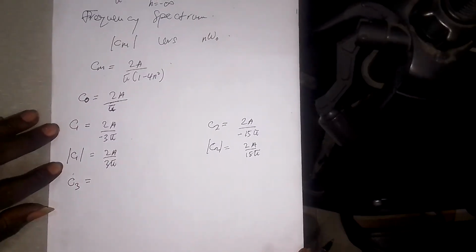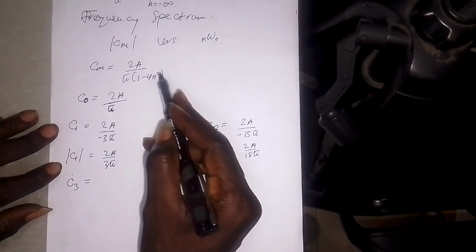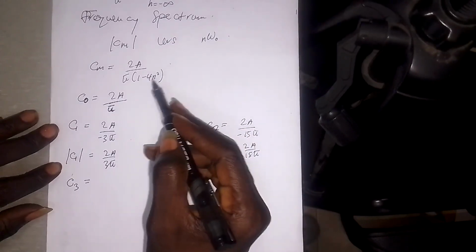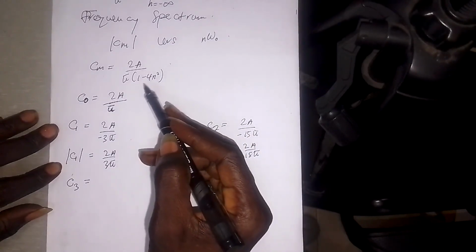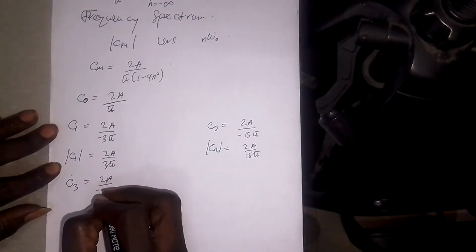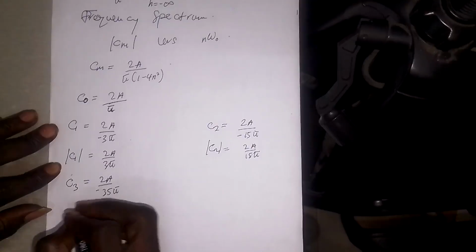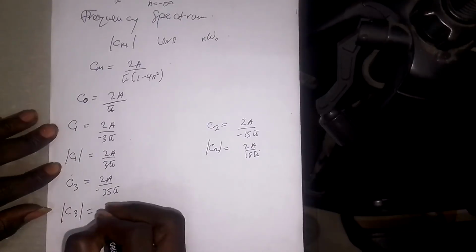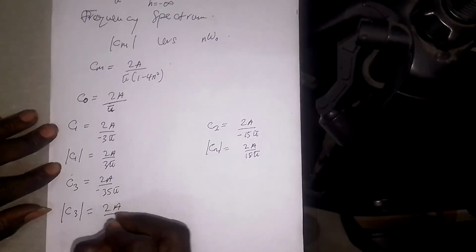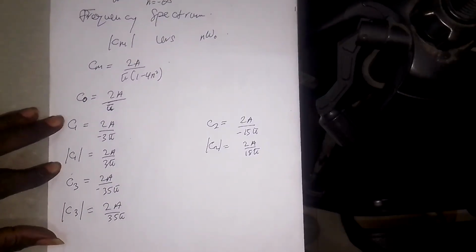If I put 3 here, I'm going to get 9 times 4, that is supposed to be 36. So 1 minus 36 is minus 35. So 2A over minus 35 pi. Then the absolute of C3 is going to be 2A over 35 pi. So that is what I get.